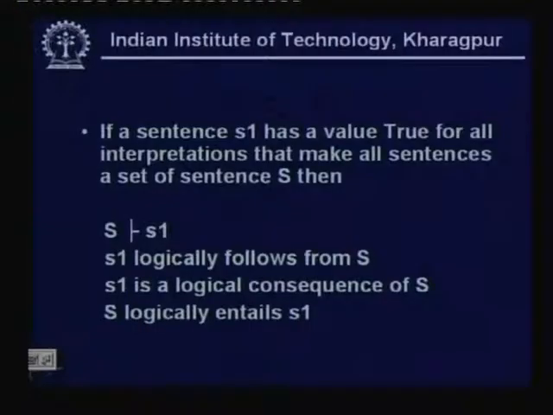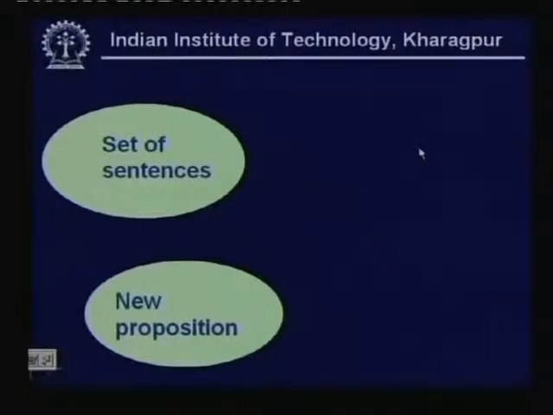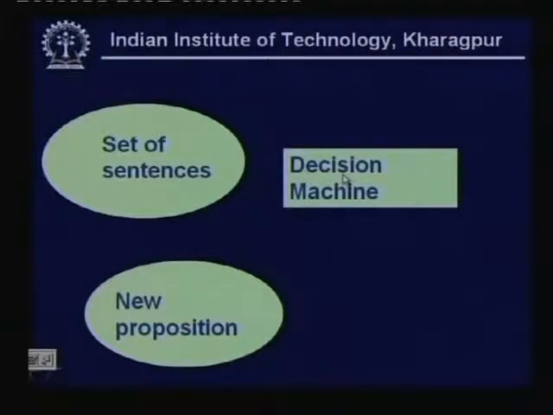Now, this is a very important consequence of our understanding of logical inference, because when we try to infer, we are actually trying to derive new sentences which are correct, which are valid. Looking at it from another direction, from the angle of inferencing: suppose we have a set of sentences here, and a new proposition also here, and a decision machine.